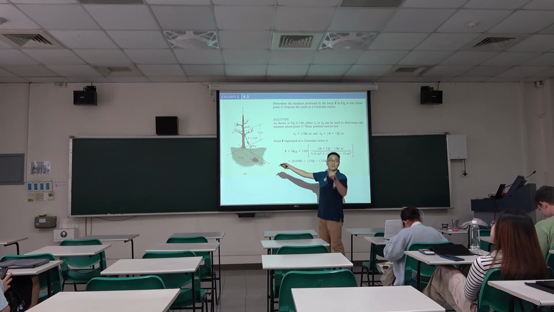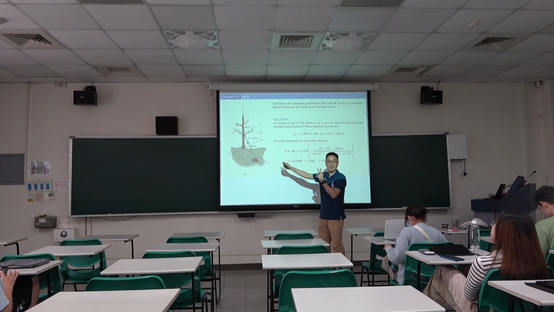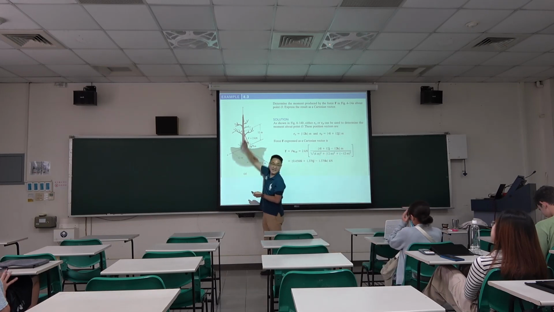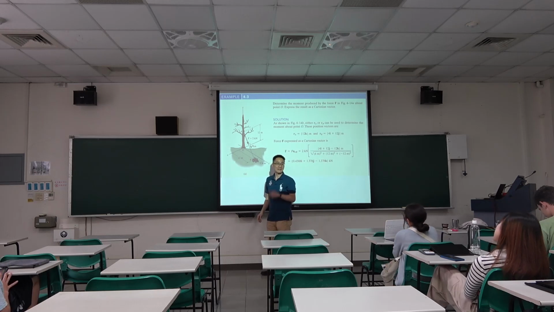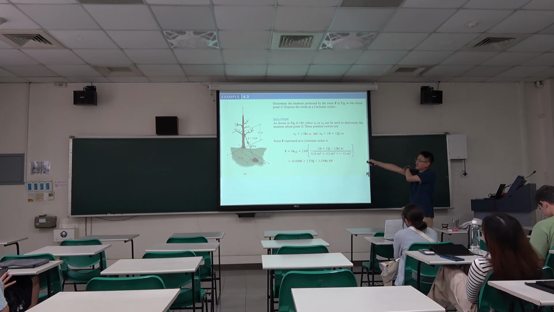For our position vector, we start from the reference point and go to a certain location. For this question, we have two ways to work out the position vector. One is from O to A. The other one is from O to B. So from O to A, the position vector is this value.